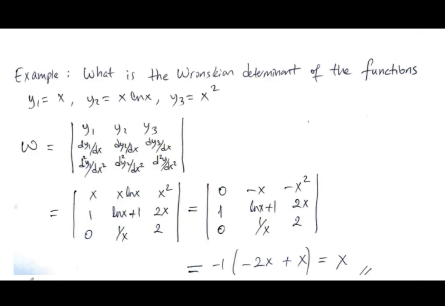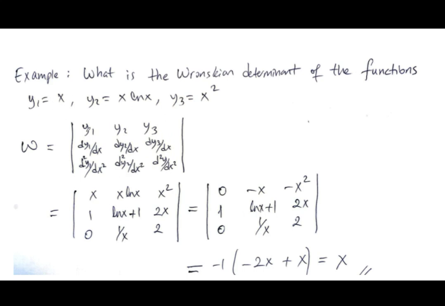In this example, we are asking what's the Wronskian determinant of the functions given by y1, y2, and y3. So the Wronskian determinant, we also use this to check if we have linearly independent functions.